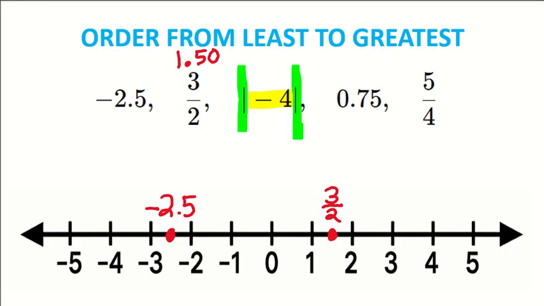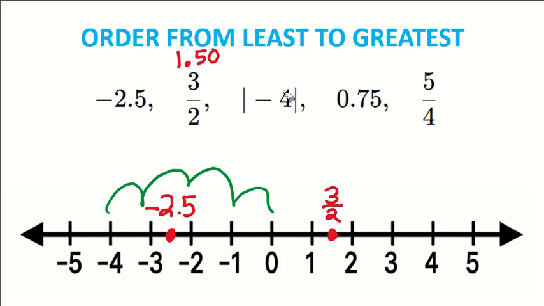Well, how far is negative 4 from 0? Count with me, children. It's 1, 2, 3, 4 units away from 0. That's why we say absolute value is the distance from 0. It's a positive number, and it's my hero, because absolute values are always positive. So, the absolute value of that is going to be 4.